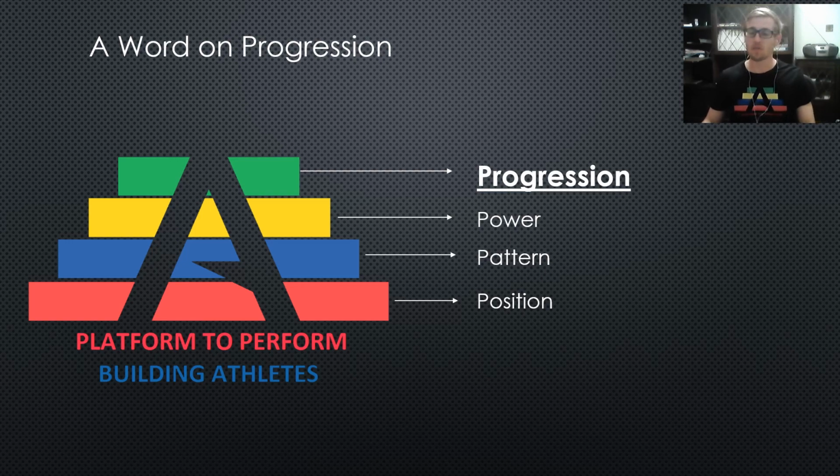If you've got kids who cannot coordinate a simple skipping pattern, which I've seen plenty of times, then there's no point getting them stronger and more powerful, because you're effectively doing what I mentioned earlier, where you're putting somebody who doesn't know how to steer a car behind a vehicle that can go 0 to 60 in half a second. So that's why I like the flowchart for telling us where we should prioritize most of our work.